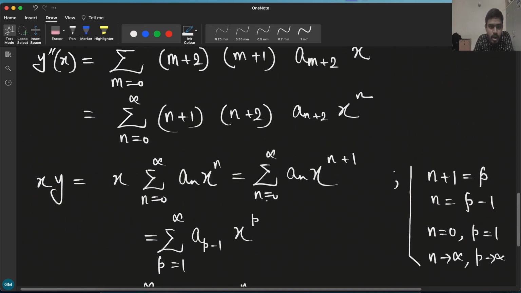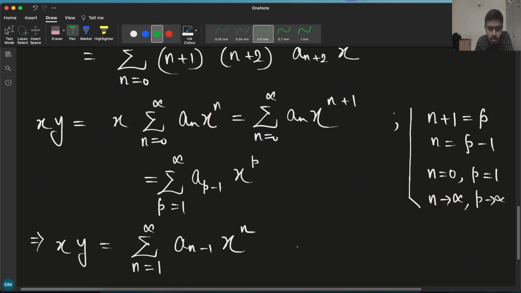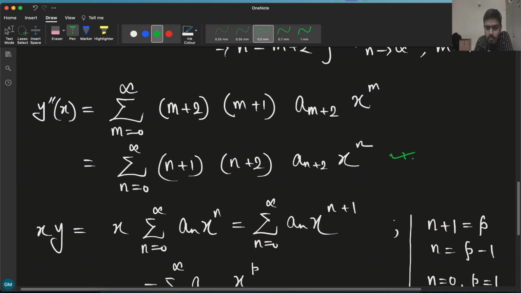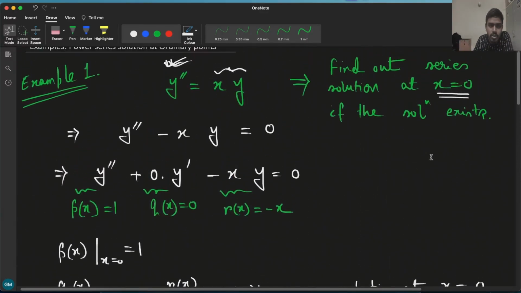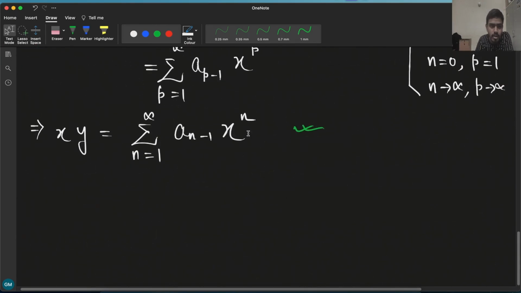Okay, and now I will put these two terms in the given differential equation, which is y double dash equals xy.